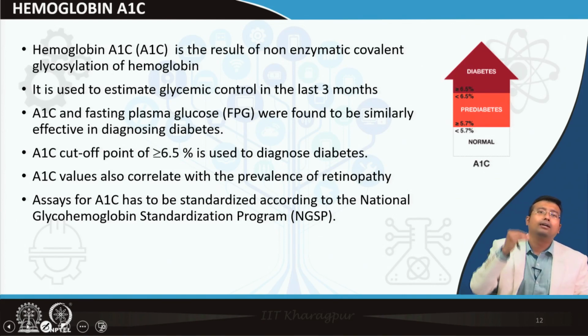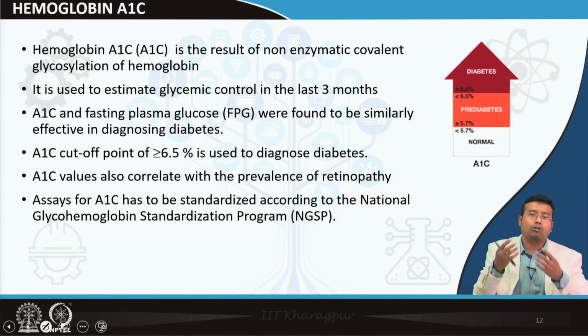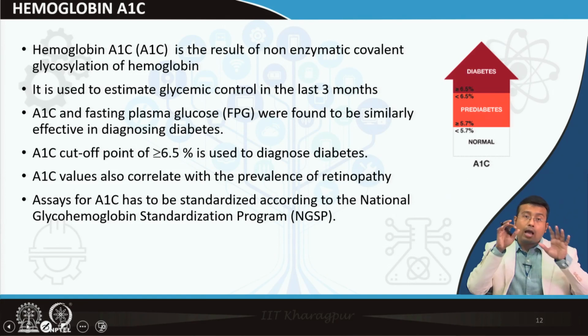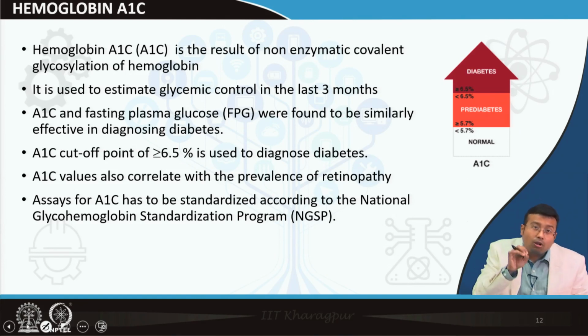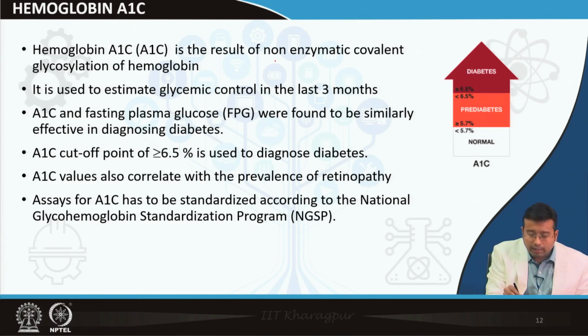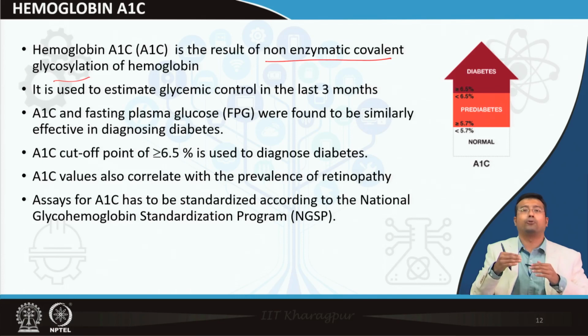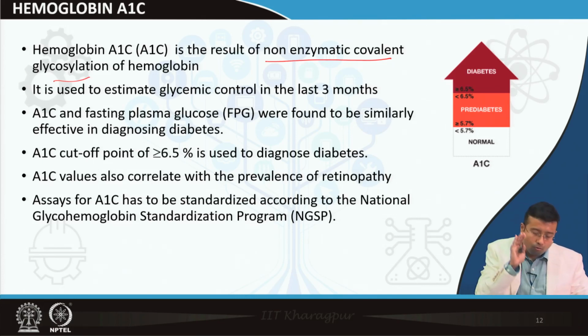So, when blood glucose is very high, there will be glycosylation of multiple products, and that is covalent bonding. However, there is also non-enzymatic covalent glycation, okay. This is also proportionate to the amount of blood glucose that is present, and the moiety we are focusing on over here is hemoglobin.